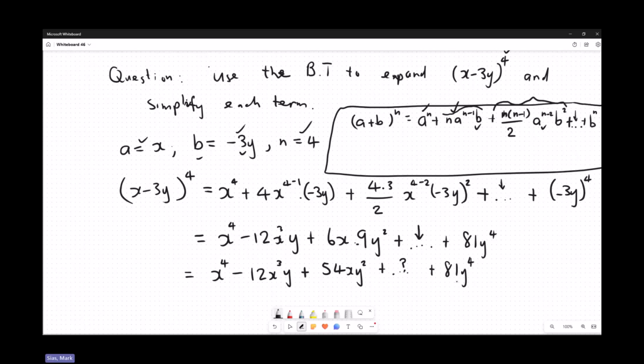So, Slindile, that's where I will leave you, and I trust that you follow that. I've put a question mark there because I wanted you to put the term in between the last term and this term 54xy squared. Do you understand what I've done there? Yes.